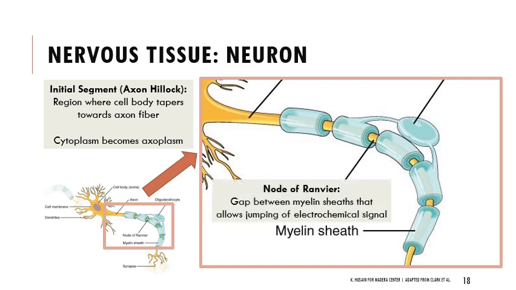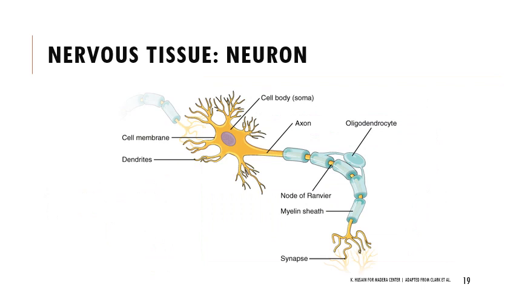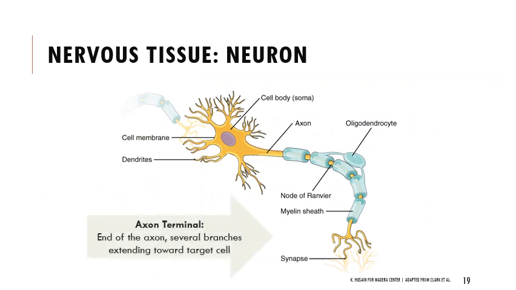We also have these nodes of Ranvier, which are important for saltatory conduction, for jumping the signal ahead. That's related to those myelin sheaths. Sorry, I skipped ahead. Okay. So the myelin sheaths, again, are that fatty material, and that combination of the fatty insulating material and those open nodes of Ranvier allow that signal to be sent ahead due to the insulation.